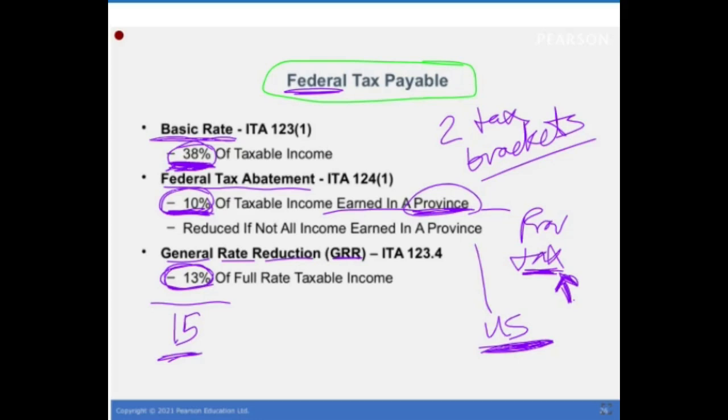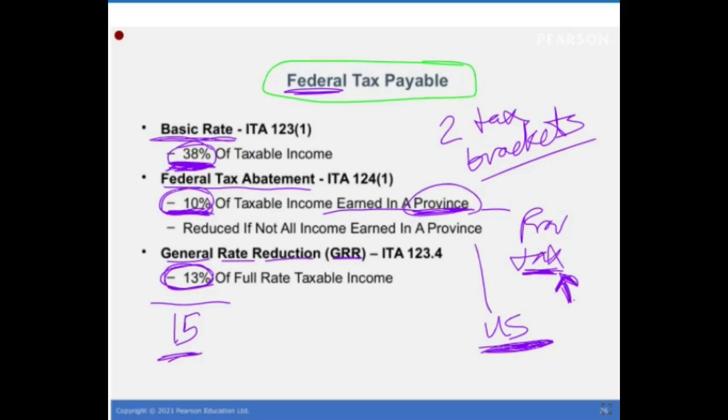This one's a little bit of a weird one, if not the whole thing is weird. This is the spot where the government can change this. They don't change the basic rate, but this rate reduction is something in theory that they can play with.